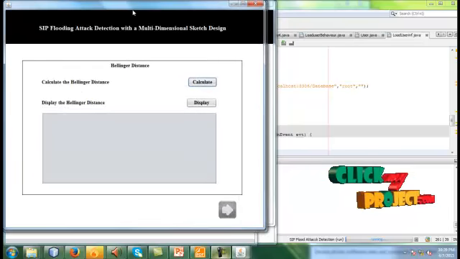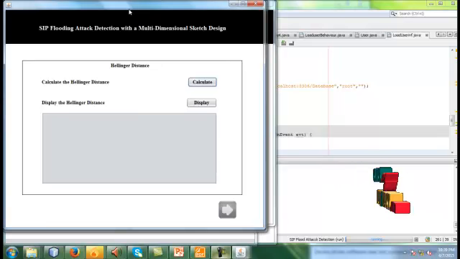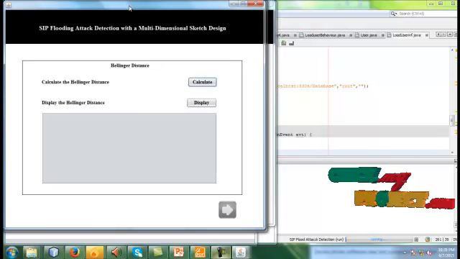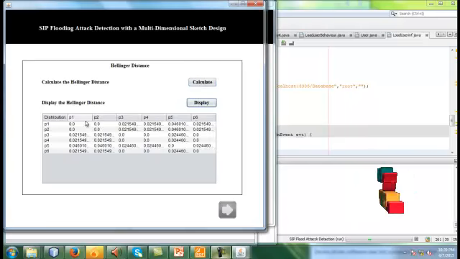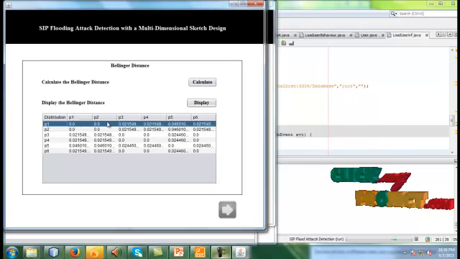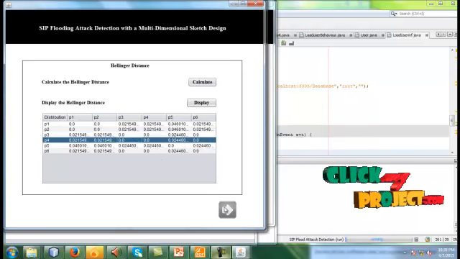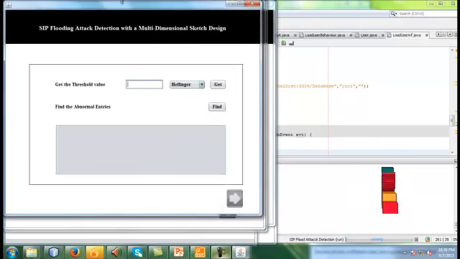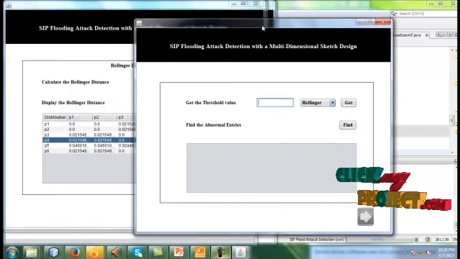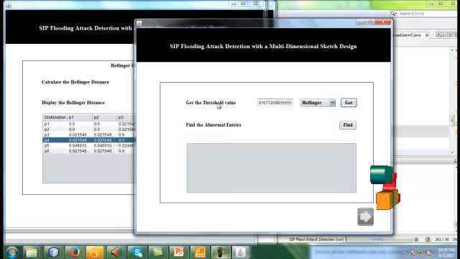After calculating the probability distribution, we have to calculate the Hellinger distance for each entry. After calculating the Hellinger distance, we have to calculate the threshold value for the Hellinger distance.